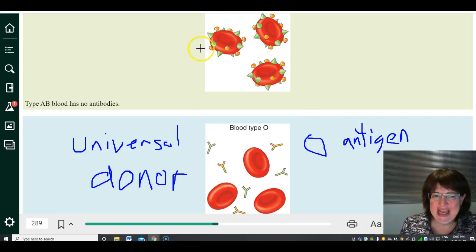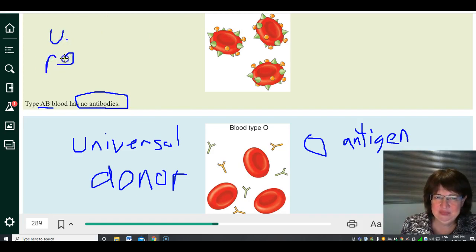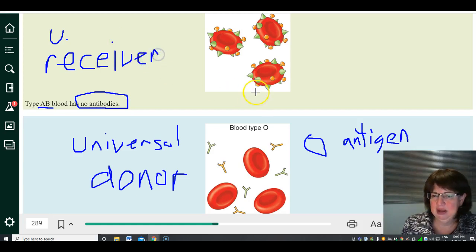When we look at AB blood, it has no antibodies, so it can't attack anything. But it's got A and B antigens. So AB blood is the universal receiver. So that means it can take any blood. So to begin with, you can take your own blood type.